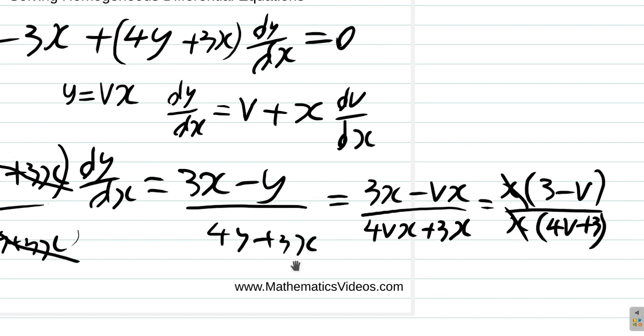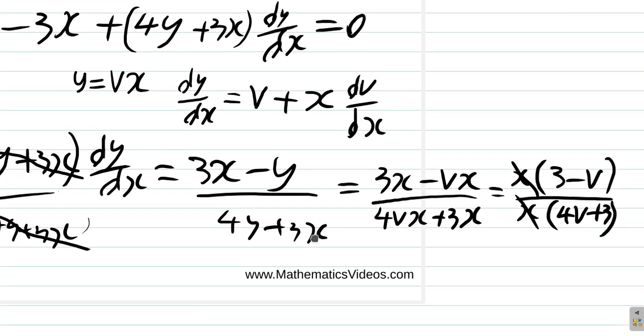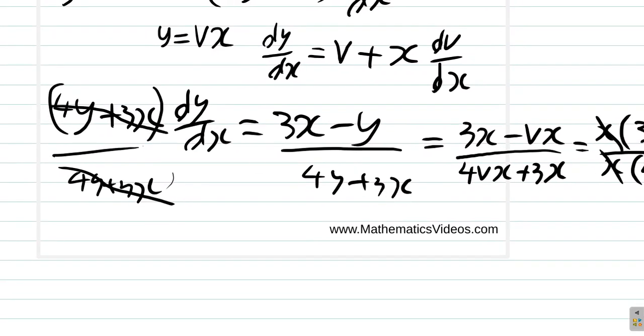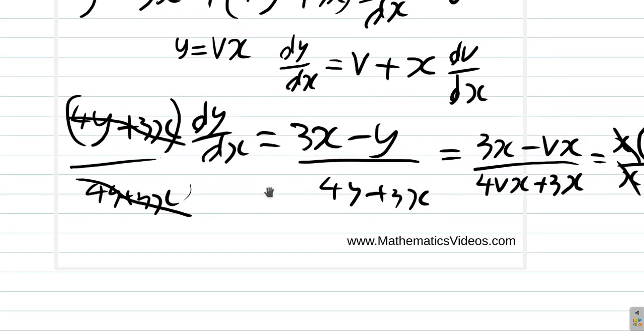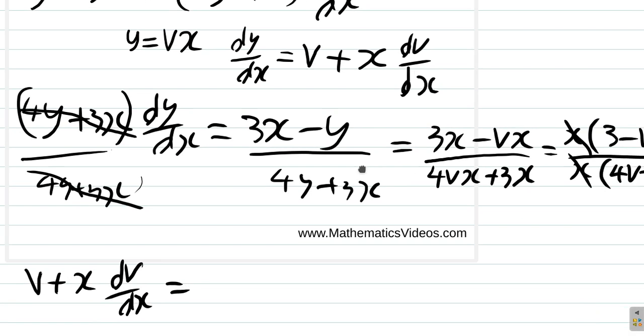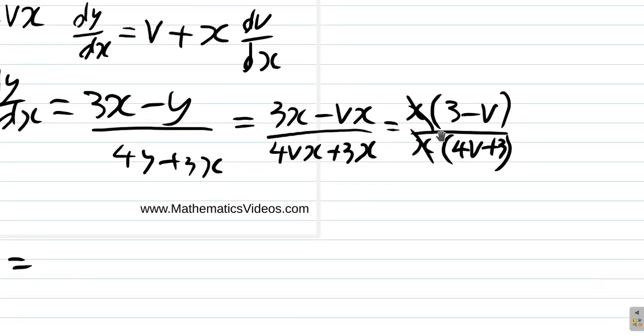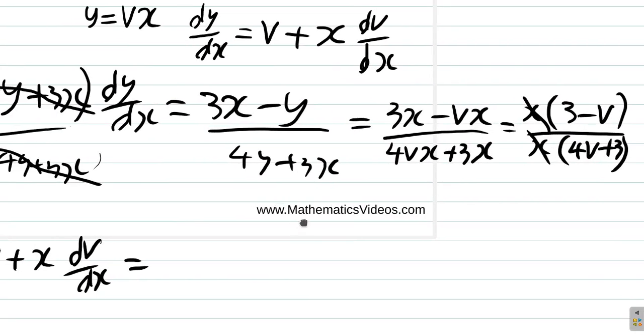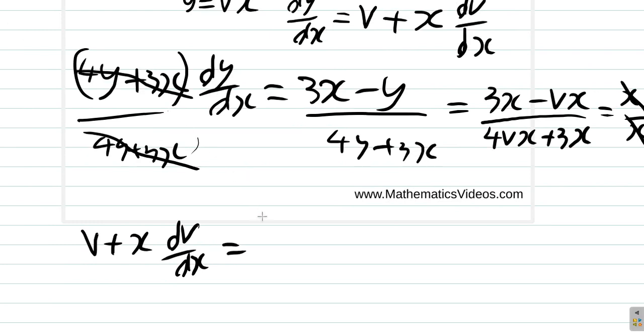So here now, we have dy by dx being equal to v plus x dv by dx, so let's write that down. v plus x dv by dx, and that is equal to, and this is also dy by dx, 3 minus v over 4v plus 3. So it's 3 minus v over 4v plus 3.